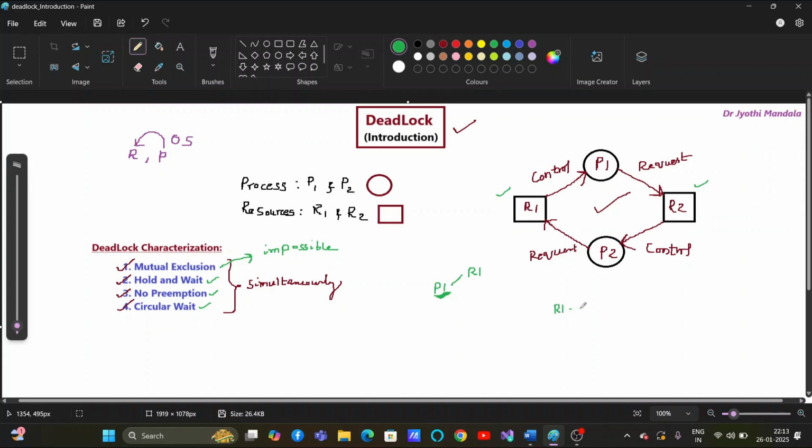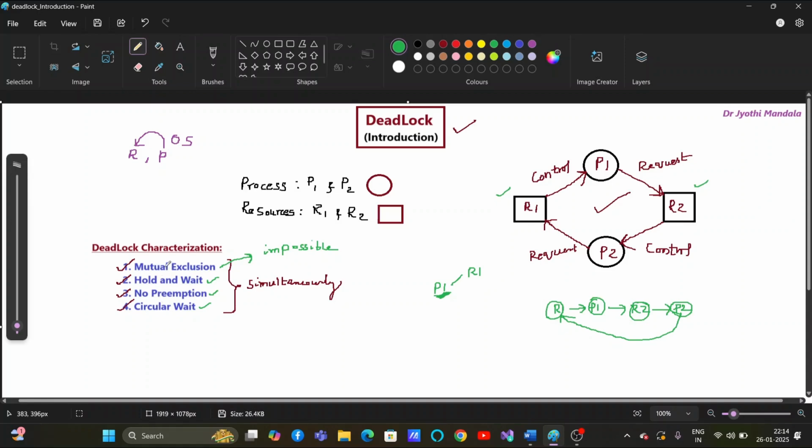R1 is under the control of P1 and P1 is requesting R2, which is under the control of P2, and P2 is requesting R1. So there is a circle formed here. If such a circular wait exists, where P2 is waiting for R1 and P1 is waiting for R2, then if such a scenario happens in our system, it may lead to a deadlock.